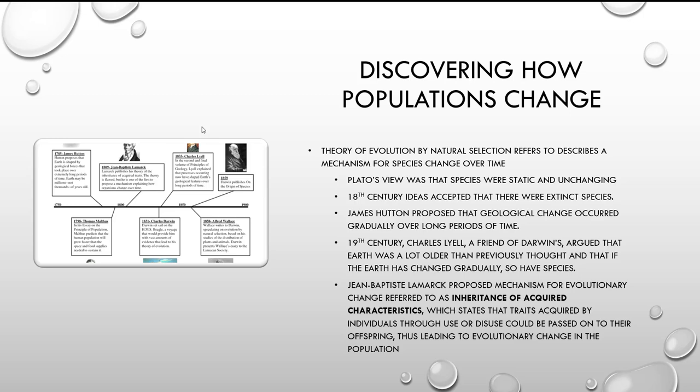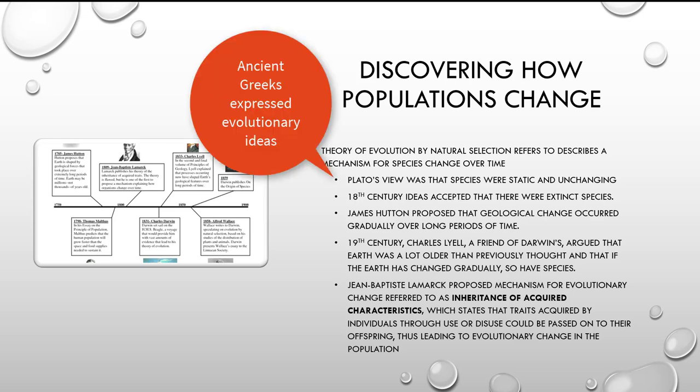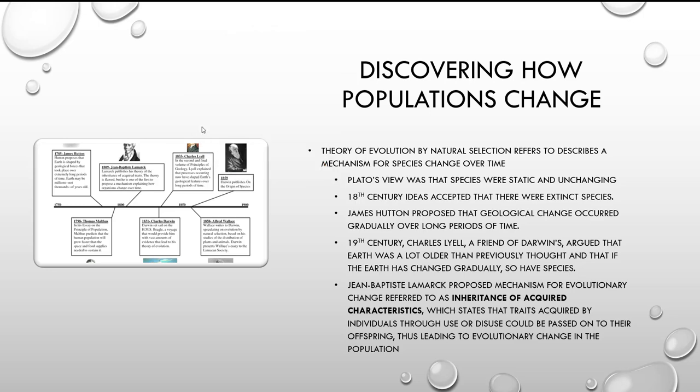But even during that time, there were some ideas of evolutionary viewpoints. They still viewed that there were perhaps species that may have existed in the past, or at least that were not present currently.